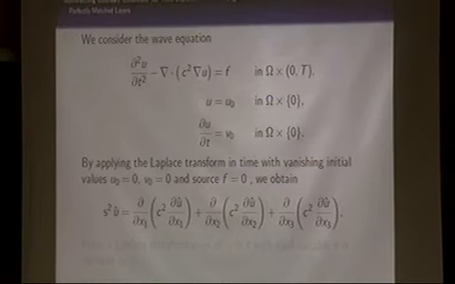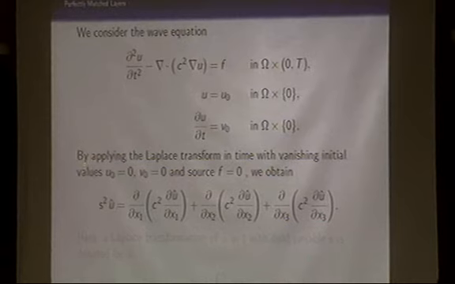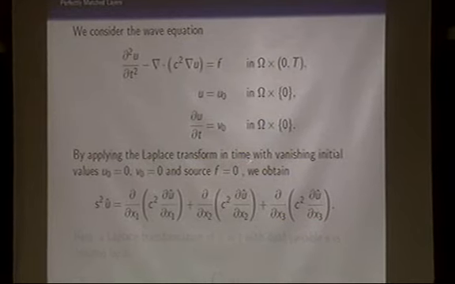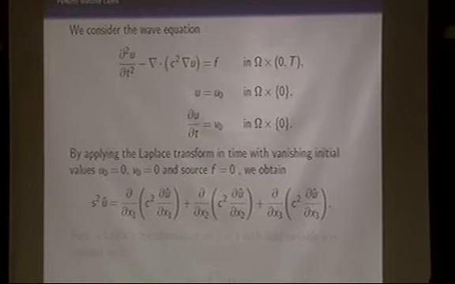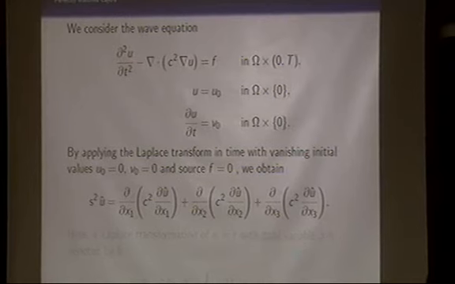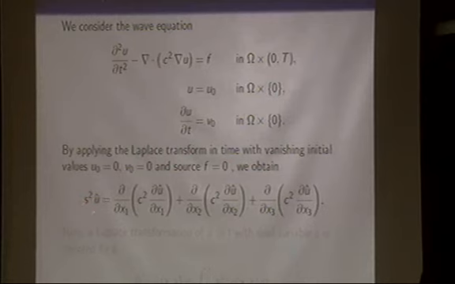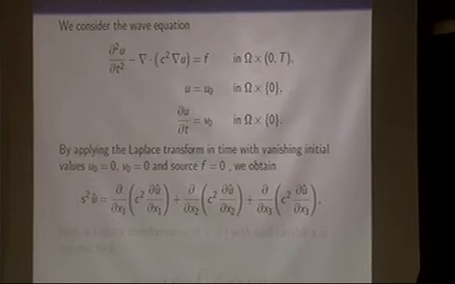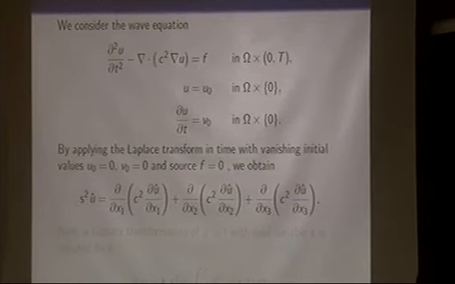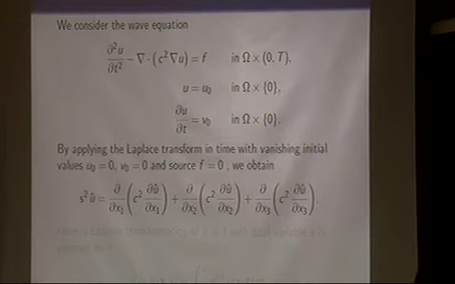So the idea is we can apply the Laplace transformation in time with the initial values, for example, and no sources at initial time. And then we have the Laplace transformed Helmholtz equations. If you take S equals I times omega, where omega is frequency, it is just like a Fourier transformation, right?